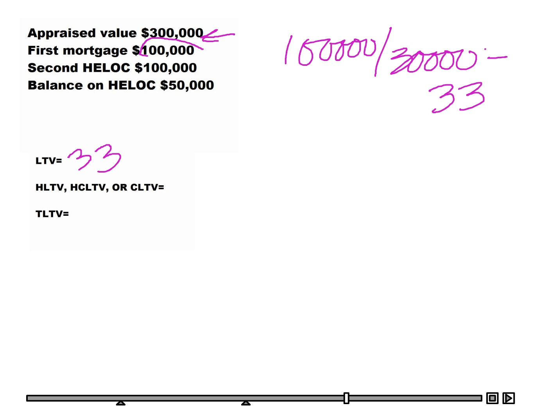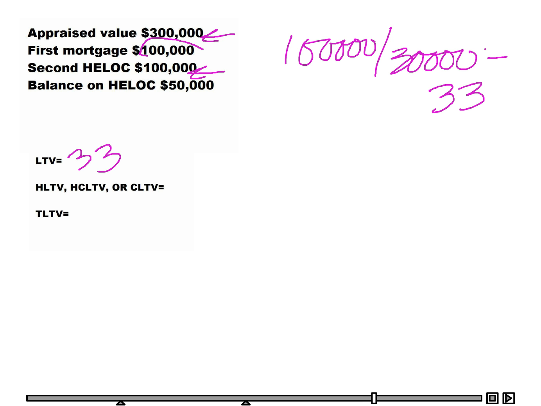So the question then becomes, when you're calculating the CLTV, do you use the maximum amount or do you use the currently disbursed amount? The definition says that in order to figure the HLTV, which is the same as the HCLTV or the CLTV, you're actually going to use the maximum amount of the line, which in this case is $100,000.